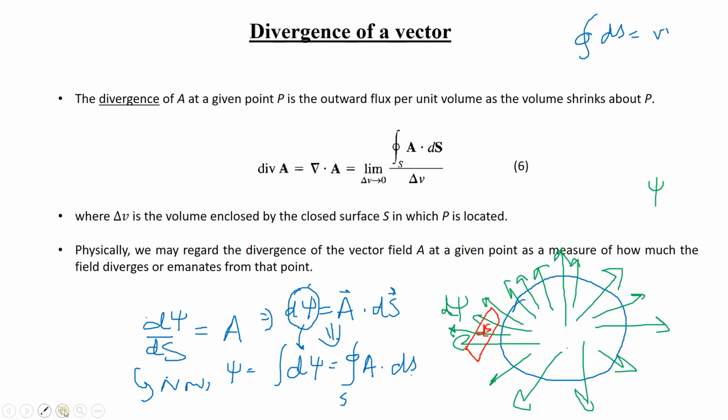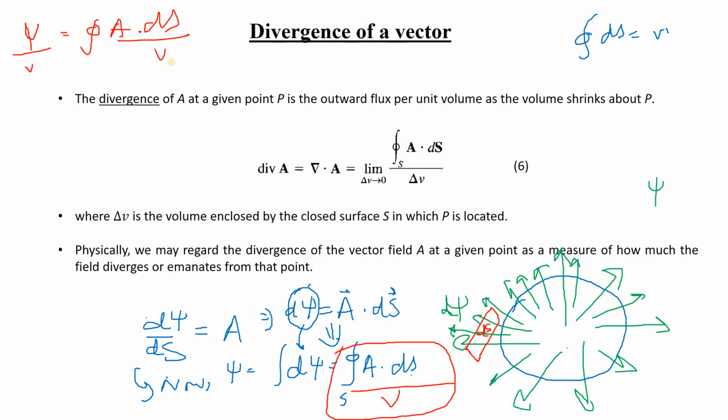Flux per unit volume is psi divided by volume, which equals the surface integral of A dot ds divided by volume. It is said that the divergence of a vector A at any point P is the outward flux per unit volume as the volume shrinks about P.